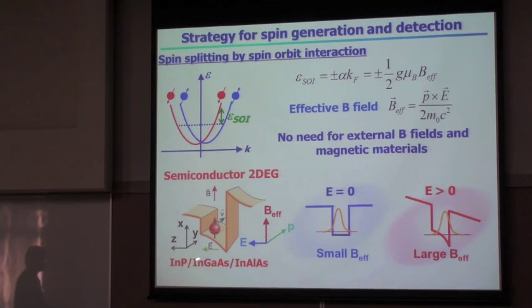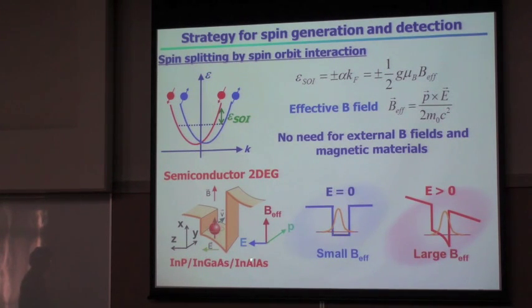And this material is sandwiched by barrier materials, for example, indium phosphide and also indium aluminum arsenide. And since the electron is confined in the XY plane, there is also a potential gradient here. And this potential gradient induces the internal electric field.